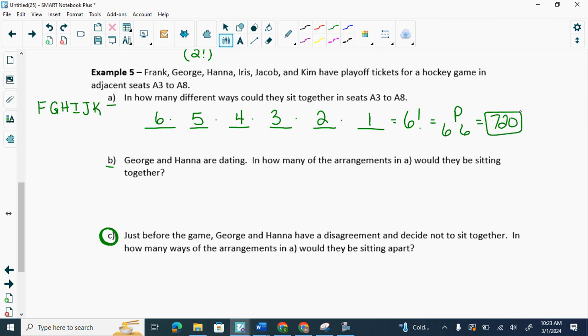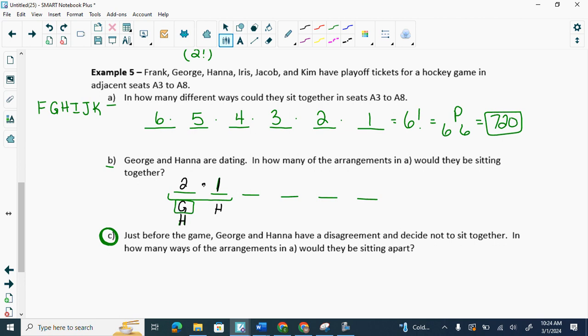Next one says George and Hannah are dating, and in how many of the arrangements in A would they be sitting together? So now I have to make them sit together, correct? So 1, 2, 3, 4, 5, 6. I have to make George and Hannah sit together. Does it say George is on the left and Hannah's on the right or anything like that? No. So the first one could be George or Hannah, which is 2. And then I have to keep one of them. So I'm going to pretend to keep George. Then Hannah would be here, which is 1.